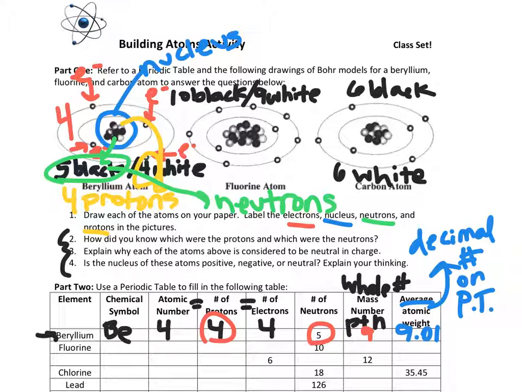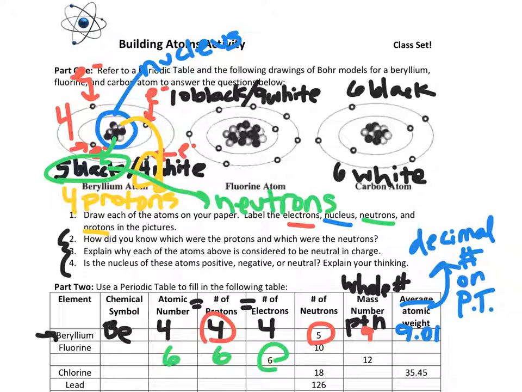Well, let's take a look at what we are given. We are given the number of electrons is 6. Remember, in a neutral atom, the number of electrons has to equal what? Number of protons. So if we have 6 electrons, that means we have 6 protons. If we have 6 protons, that is equal to the atomic number.